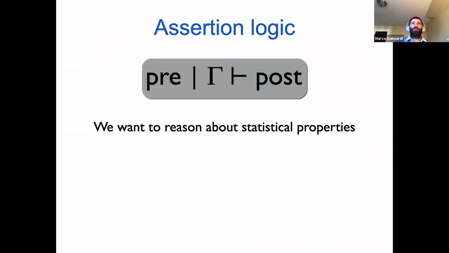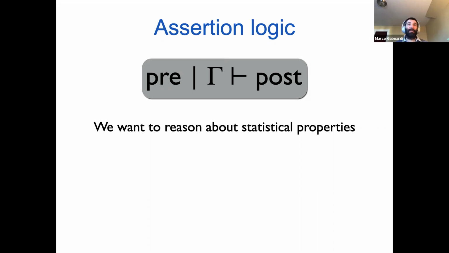But now let me focus on the three different layers. As I said, the base of our system is an assertion logic. And we can think about this assertion logic mainly as a proving judgment of this form. We have a precondition, a term variable context gamma, and the postcondition. You can think about pre and post as logical formulas over variables that are stored in gamma.